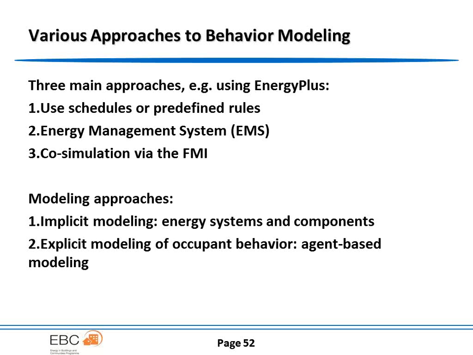So the other way to model is agent-based modeling. Basically, each person can be an agent, and you define their behavior. So these people will open windows if they feel hot, like when outdoor is 28 degrees or so. So this is closer to reality.